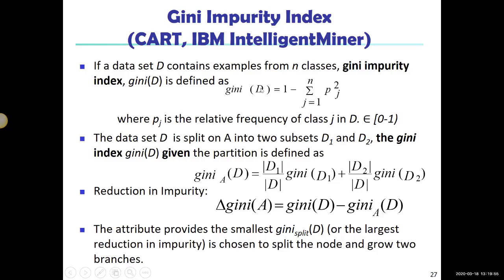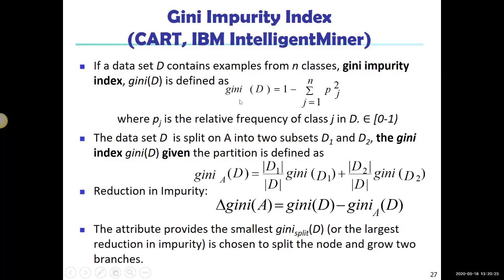So the Gini index is 1 minus the sum over all classes of the probability of that class. Among all the examples, how many examples fall into that class? The Gini index is a value from 0 to 1. It will be 0 when the data set is really pure, when there's only one class.